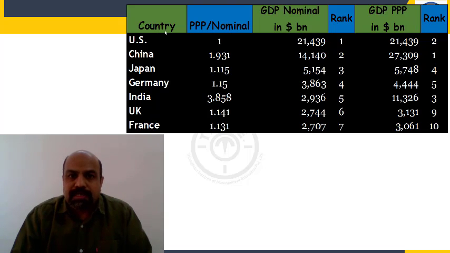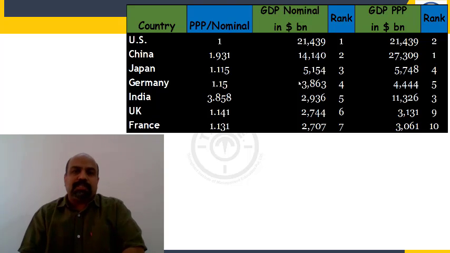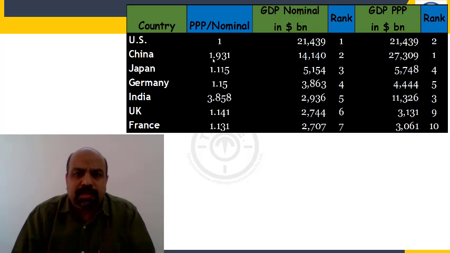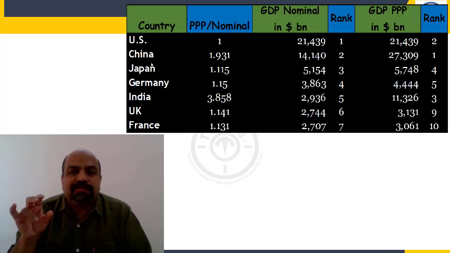See this country, we will come back to this point. GDP nominal in $ billion, rank, and GDP in PPP, rank. Look at China's GDP. Nominal, it is only 14.14 trillion, but if you convert this into the purchasing power of the Chinese currency, at what rate? $1 equals 1.9 yuan. It's called the PPP conversion factor.